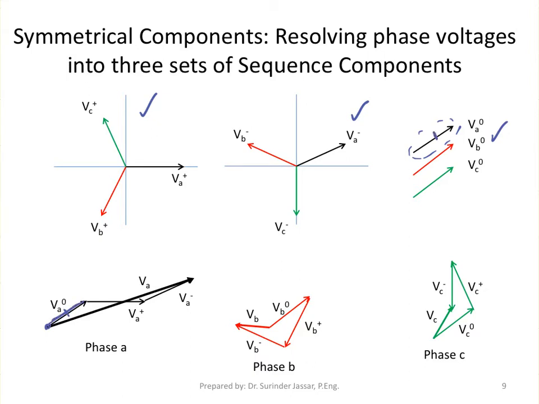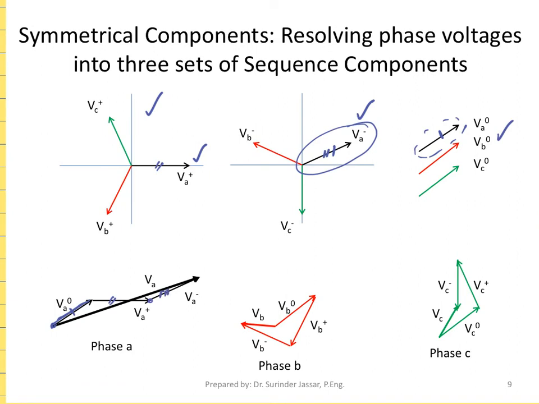Then you're going to add the positive sequence, which is parallel. Then from the tip of that, you're going to add the negative sequence, which is again parallel. What you realize is that for phase A, the phasor sum of these three gives you the phase voltage VA.